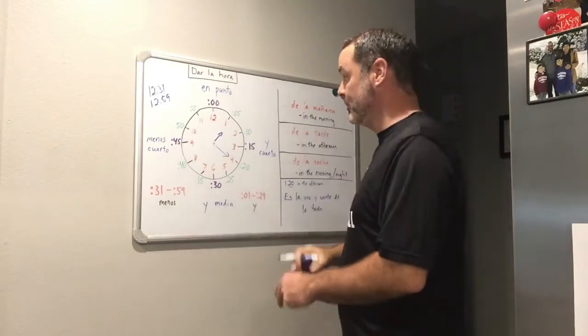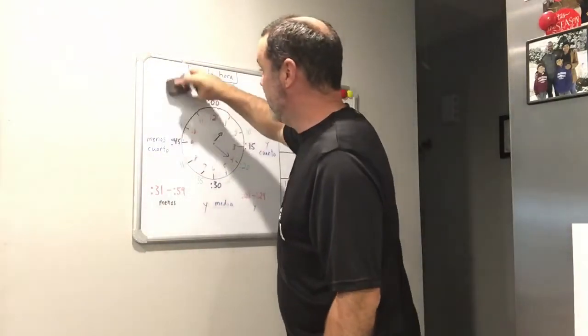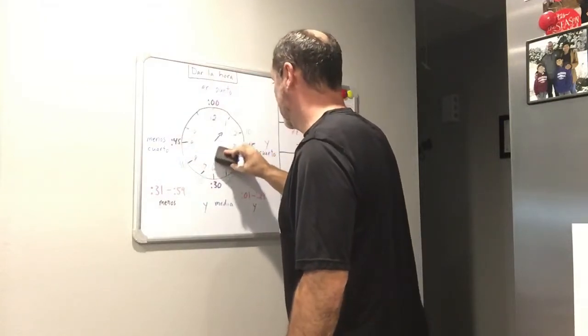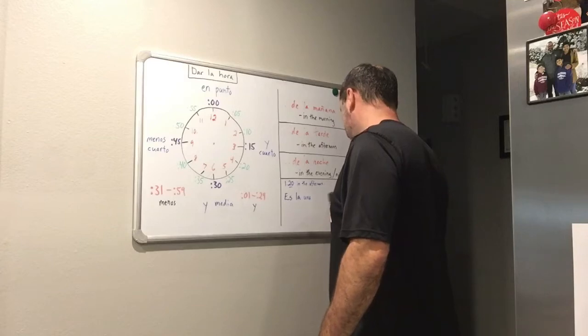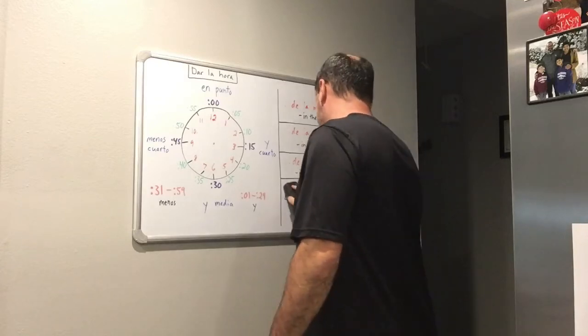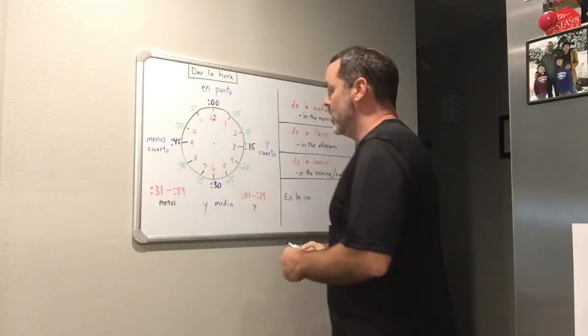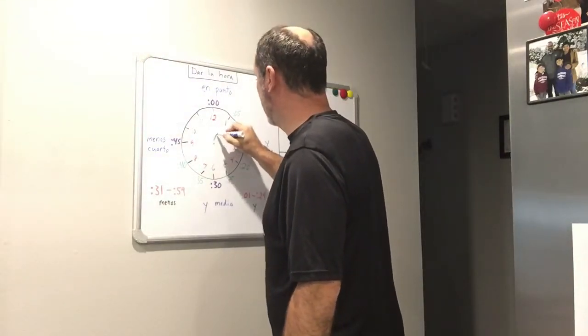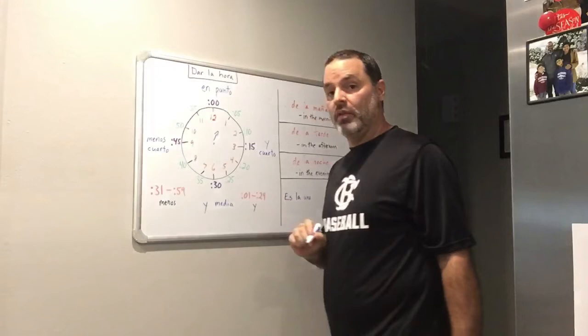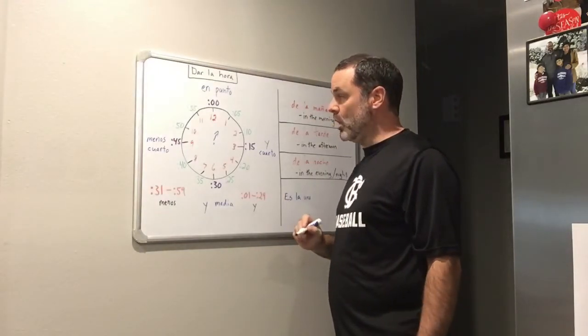Let's do an example. Okay, so let's say the little hand is going to be in between the 12 and the 1, closer to the 1.